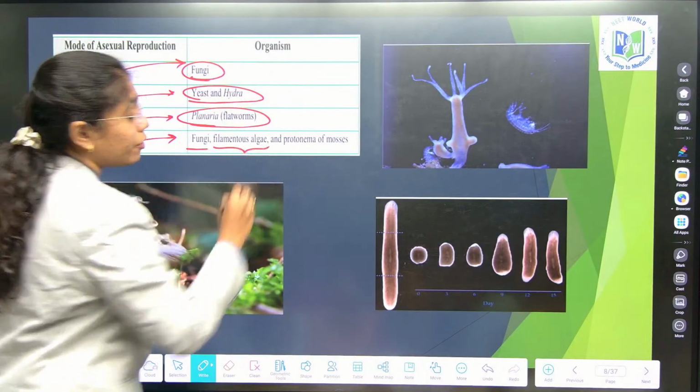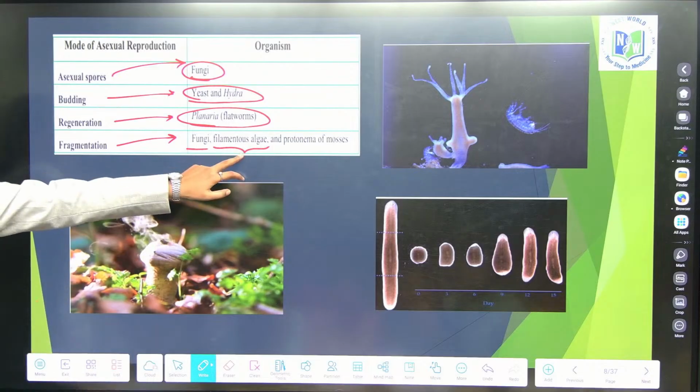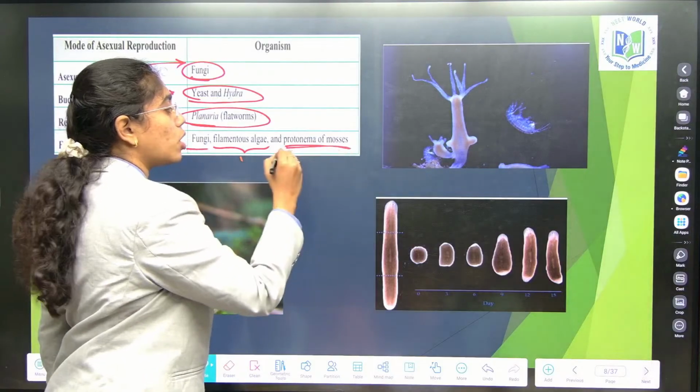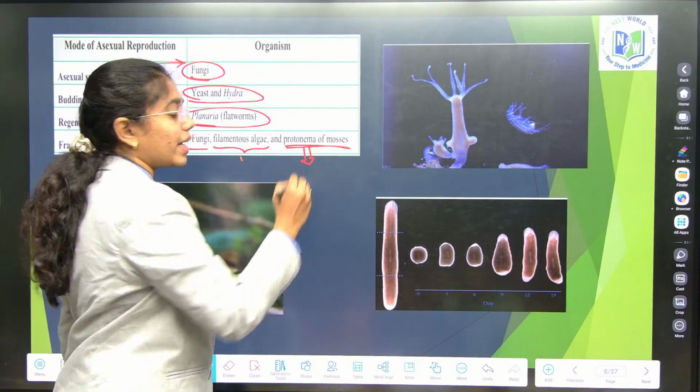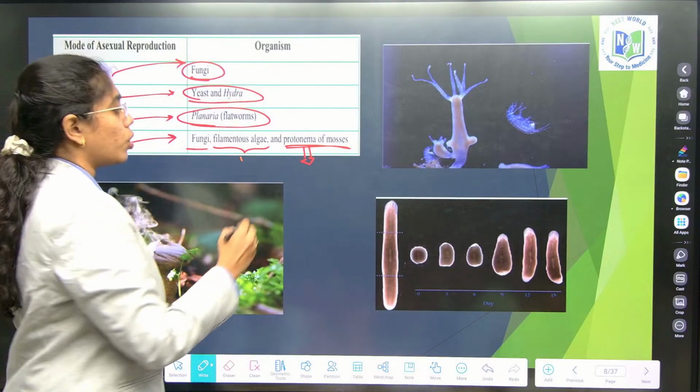Filamentous algae like what? Spirogyra and Cladophora. These are what? Oedogonium, Ulothrix. These are filamentous algae. And protonema of mosses. What is this protonema of mosses? Primary gametophytic structure which you see in bryophytes. Protonema of mosses is what?